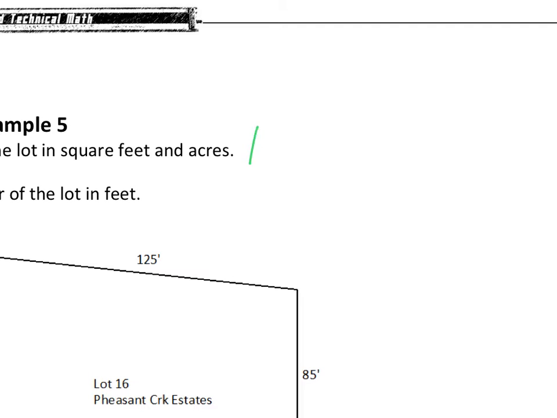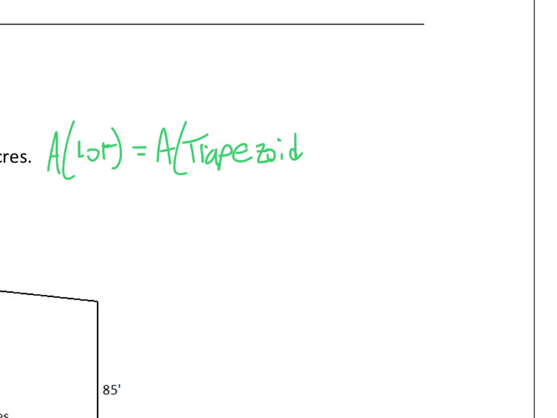Our area of the lot is going to be the area of the trapezoid minus the area of that little piece of pie there. That's called a sector. That's that little piece of pie that we've got.